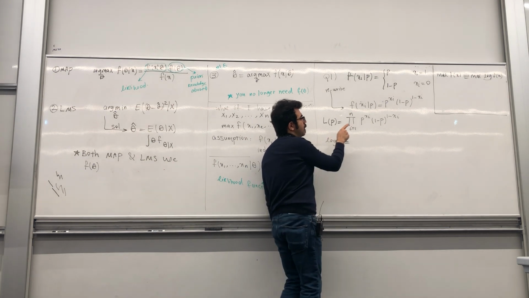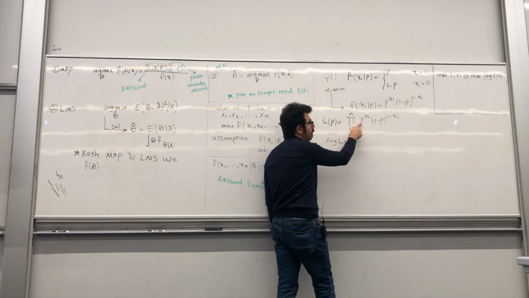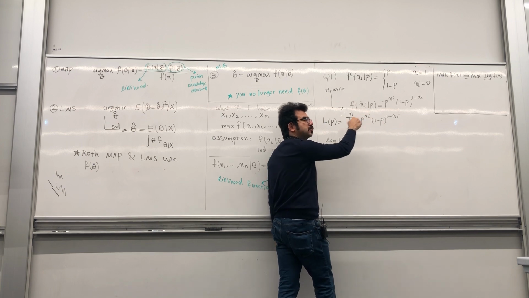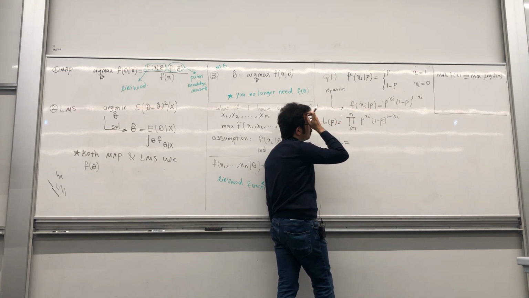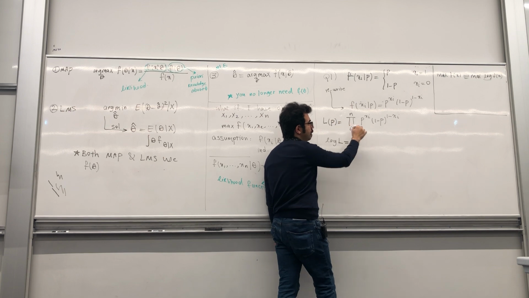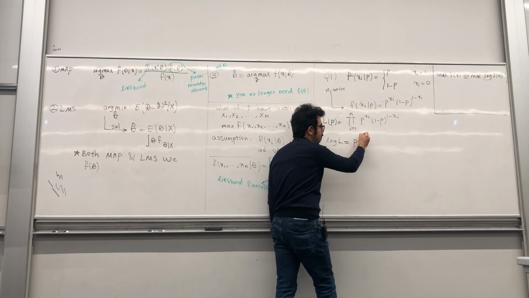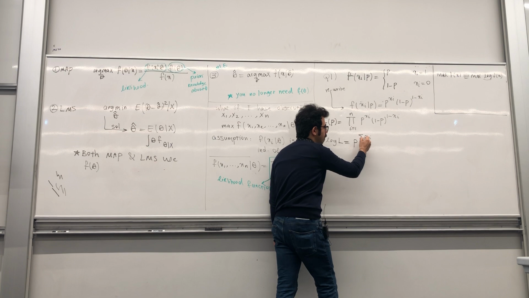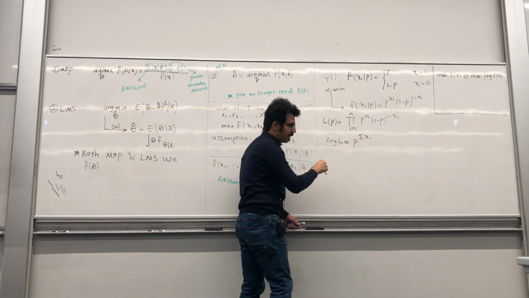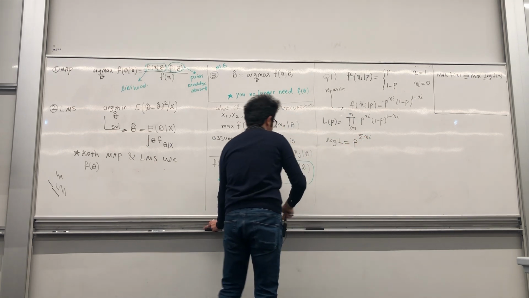Okay. So here I have p to the power of x1 times p to the power of x2 times up to p to the power of xn. The base p is common. Once they are multiplied, the exponent is summed up. So I have p to the power of summation of xi. Let me first simplify it, sorry.